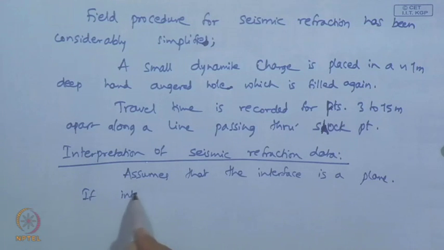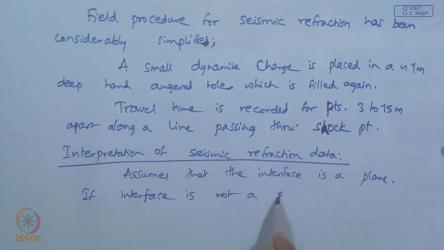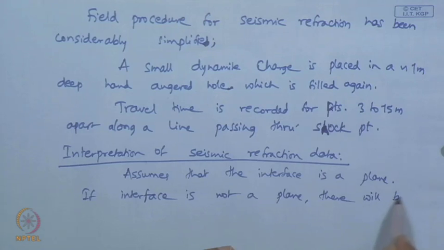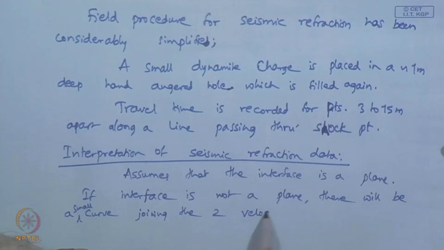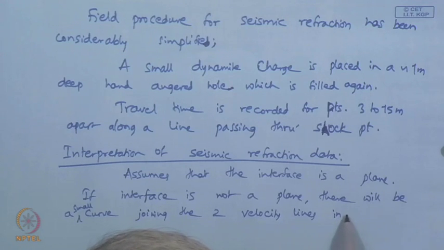If the interface is not a plane, then there will be a small curve joining the two velocity lines, instead of a point.